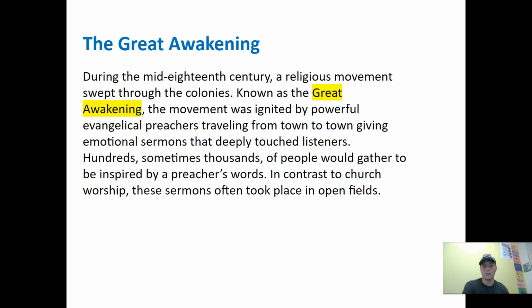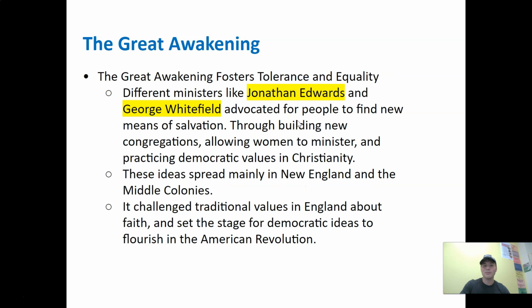So in the Great Awakening, preachers will travel across many towns and touch many listeners. And this is going to seek that idea that religious freedom is a right. It's not just something that you receive as a special privilege. It is a right. And that's something that we still struggle with today in some instances. However, it's something that we will see as we establish the Constitution and the Bill of Rights.